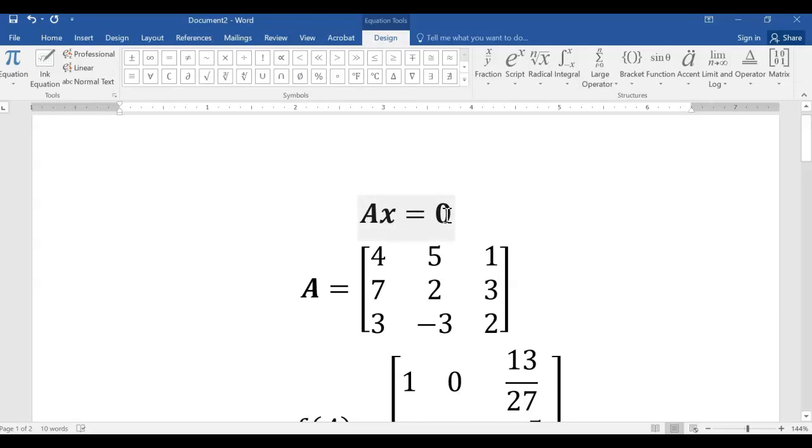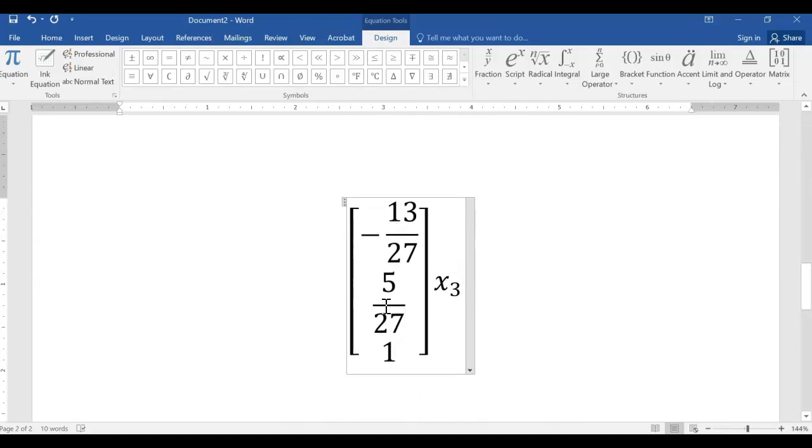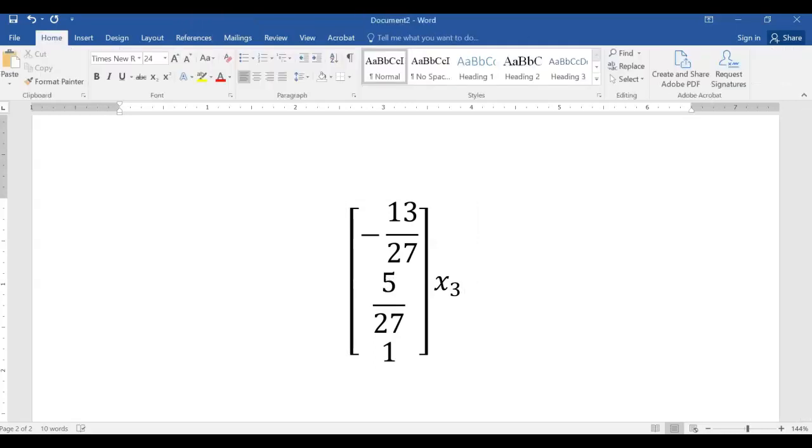all solutions to this equation, in other words, every vector in my null space is going to be some vector that looks like this. And since this is just a linear combination of this one vector, basically we can say that the null space has a basis of just this single vector.